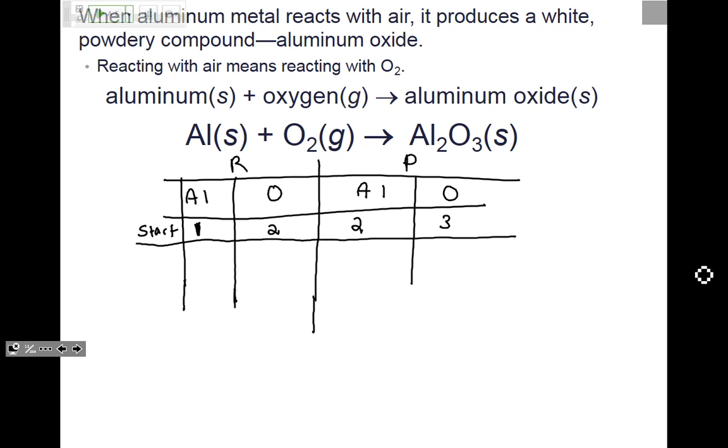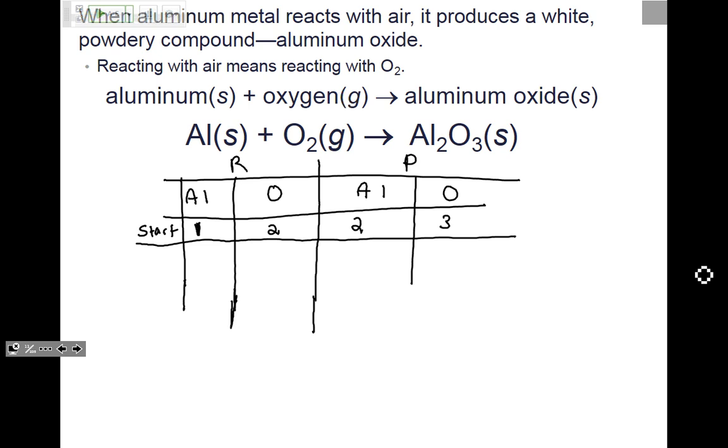We have 3 oxygens in our final product, and we have only 2 in our starting material. So if I multiply my starting oxygen with 3 and my final product with 2, I'll be able to balance it.